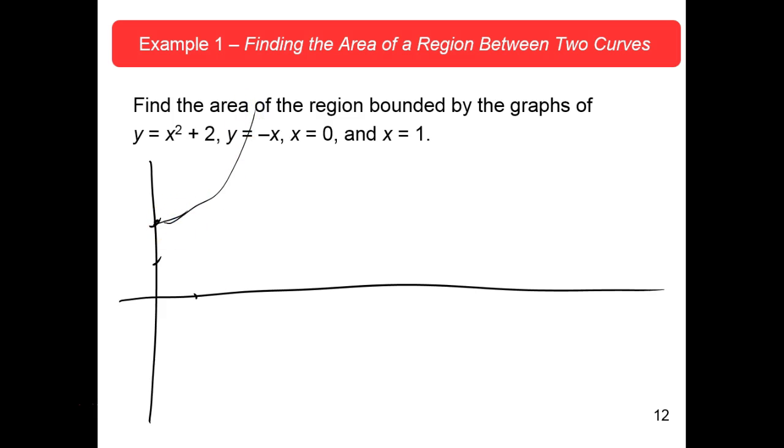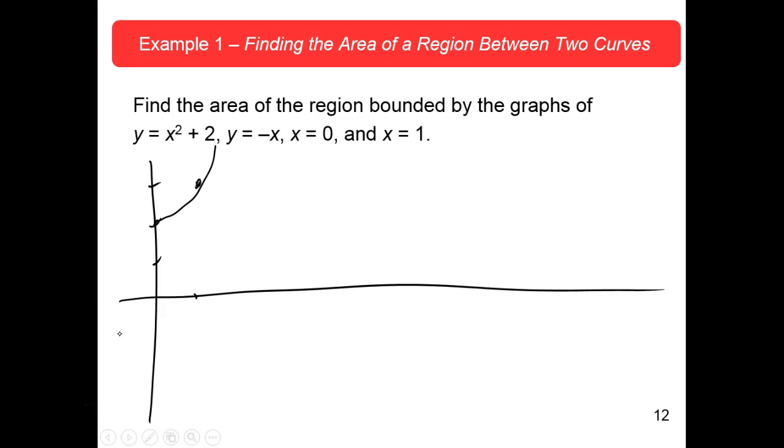When x is equal to 1, this is equal to 3. I didn't draw my curve too well. Something like that, there it is. So there is your first function.